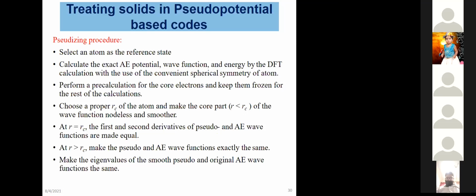Solving our quantum equation for that part of the wave function or potential beyond RC will give us the same result. So basically, for an atom, we decide a radius, and then we combine the electrons with the nucleus, and we do the computation for Hartree-Fock, and we get the potential and wave function.